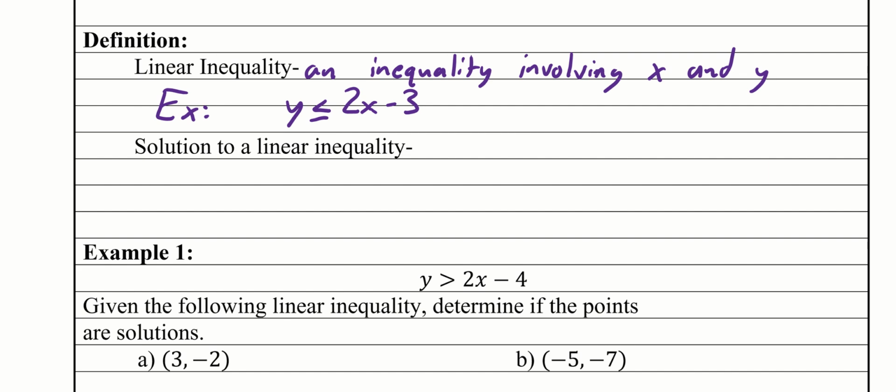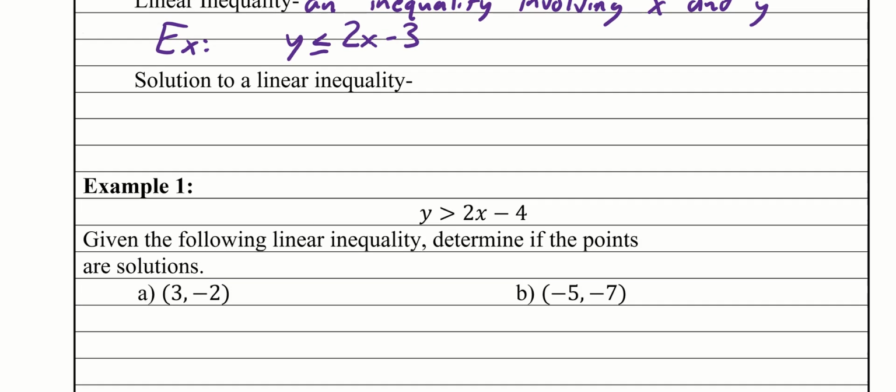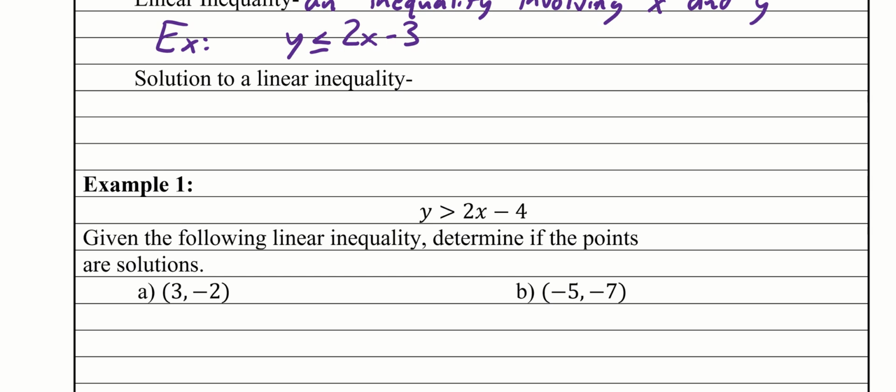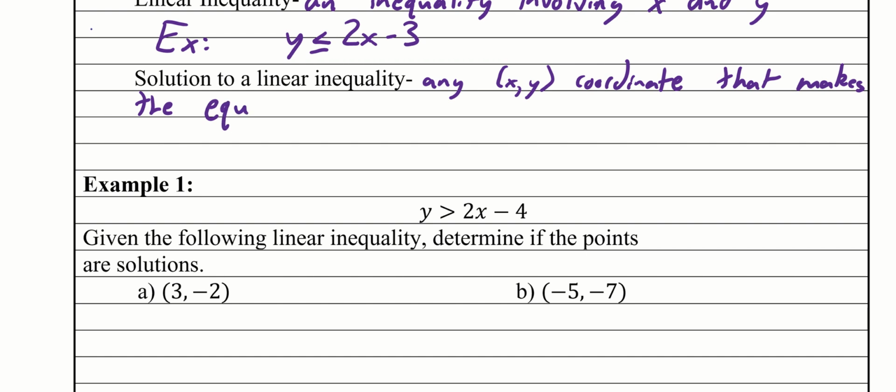That would be a linear inequality. A solution to a linear inequality, because there can be many, is any xy coordinate that makes the inequality true when plugged back in.